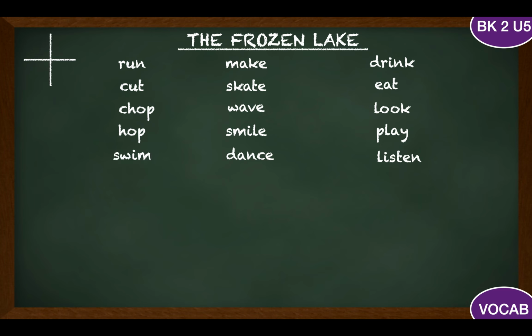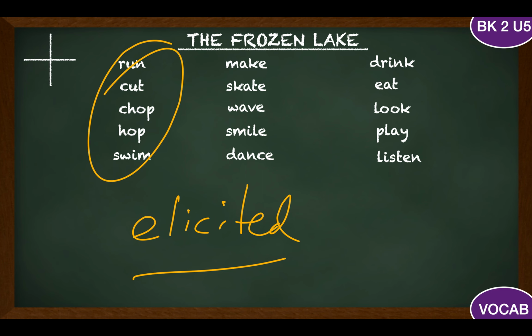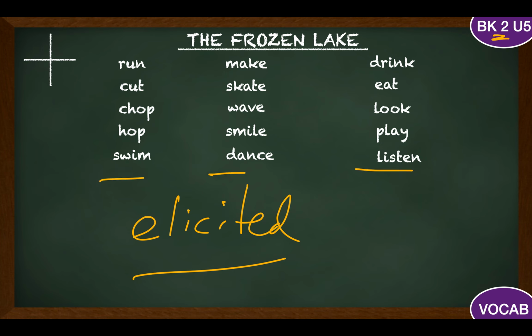Now, what do you guys notice straight away? I've elicited a whole bunch of verbs, and I'm very satisfied with the verbs that my students at this level have volunteered to give me. But the important part is I have set up my board to help my students understand the rules.